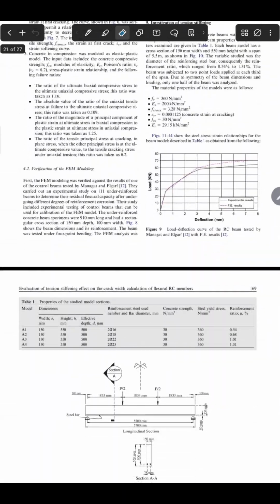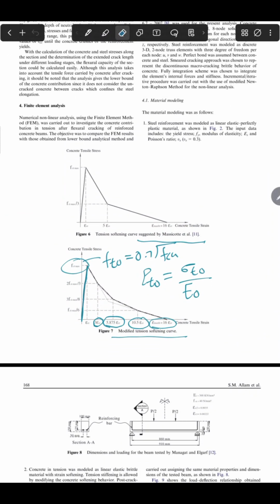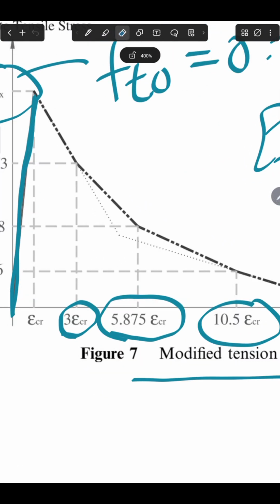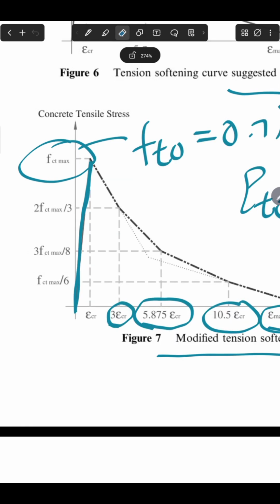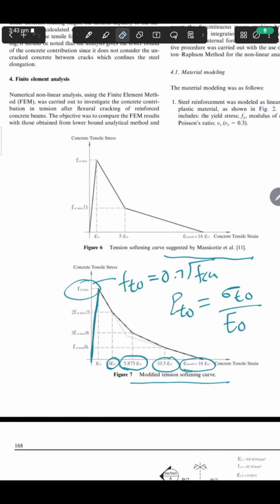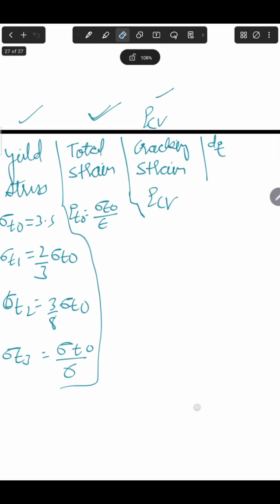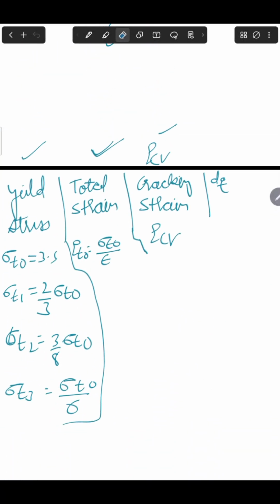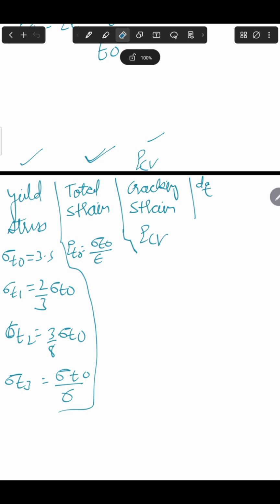So ET1 will be, let me check again, here it is ECR. You can see the value is ECR. So this value is 3 ECR, means 3 multiplied by this value. Here we need to calculate ECR differently, but in this paper ECR represented the total strain.